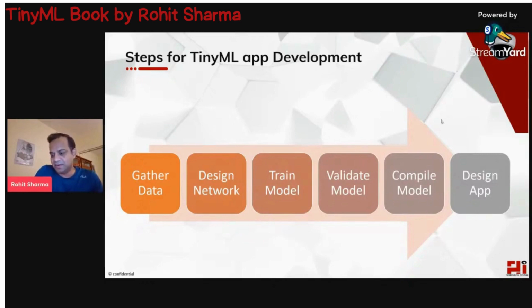And then you compile the model. Compilation is one differentiation which is very specific to embedded systems and TinyML boards. These boards cannot have an operating system, meaning you have to compile the model. They can't run Python. Python is where the whole industry is tuned to training the model.